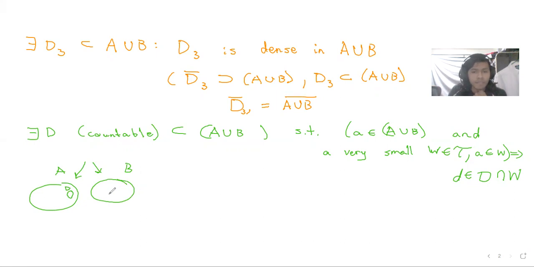And I'm not too sure about the A and the union or anything past that, but there will exist a D within the A union B, and it'll be countable for sure. I just am not sure how to get past that. So this will be it for problem 61.